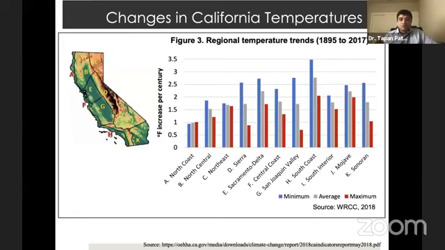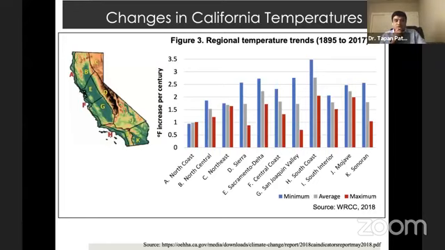In many of those areas, the maximum temperature increase is not even statistically significant, but minimum temperature increases have a lot of negative consequences on agriculture that I'll talk about in later slides.